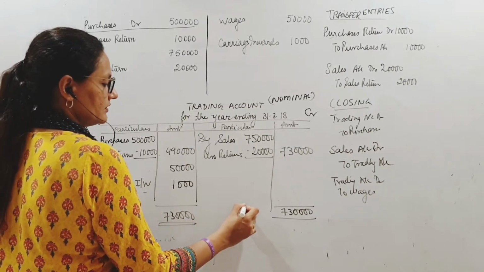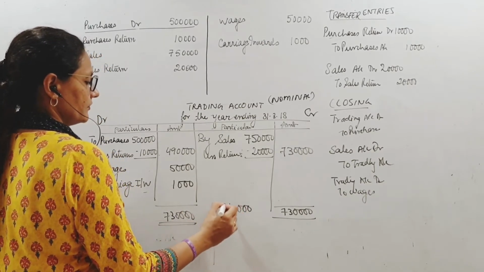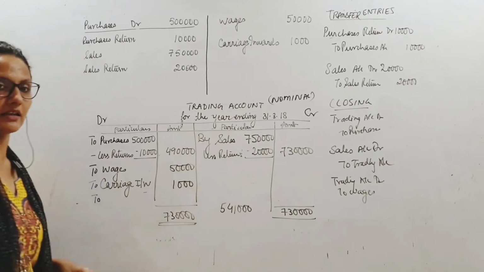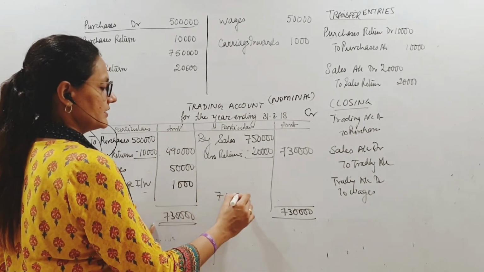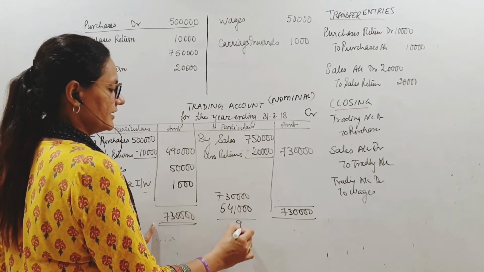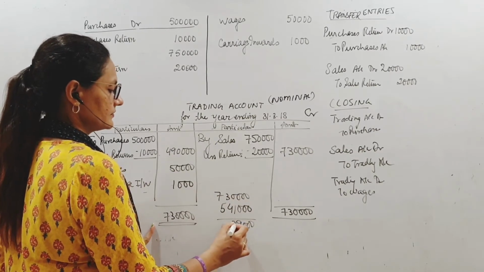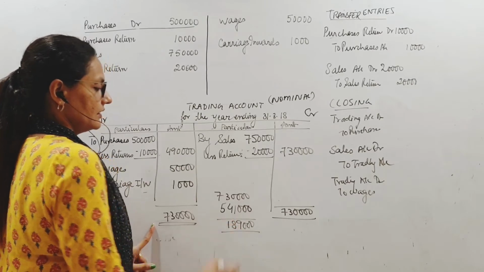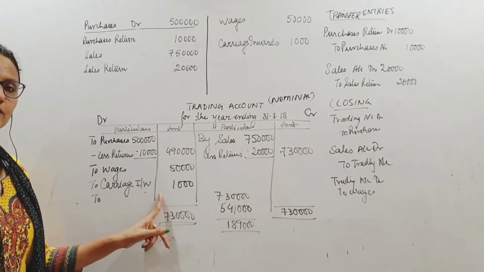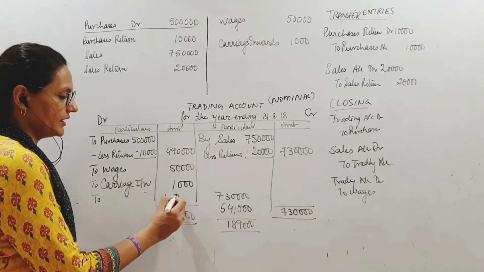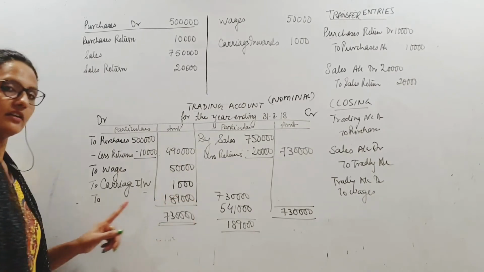So 5,41,000 is the total of this. I subtract this from 7,30,000. Right? 1,89,000 is the balancing figure. This side is falling short. So to make it equal and close the account, I have to put this figure here.